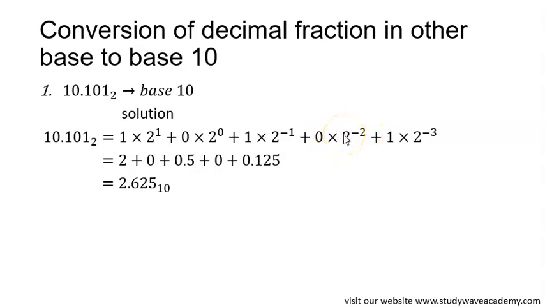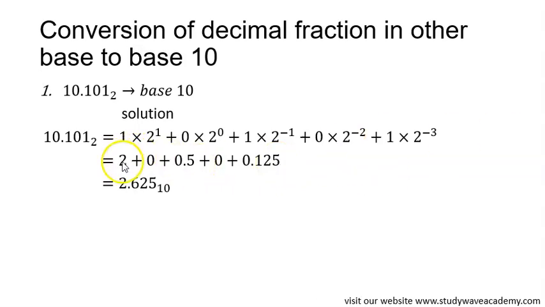Anything times 0 is 0, so here is 0 plus 0. The next we have 1 times 2 raised to power minus 3. It can be seen as 1 over 2 raised to power 3, which is 1 over 8. Dividing 1 over 8, you are going to have 0.125. Do you understand?